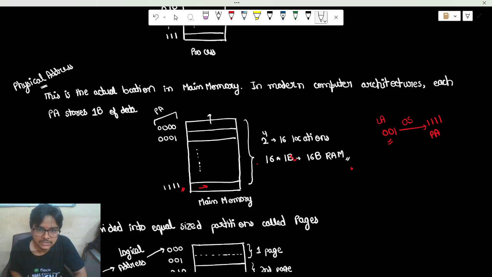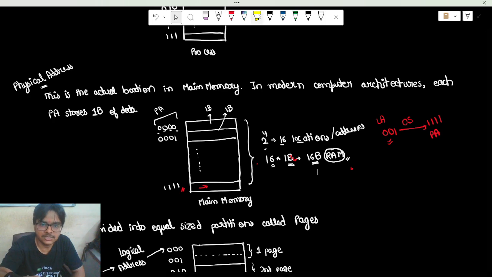Similarly, they also store 1 byte of data each. As you can see, the address uses 4 bits. So 2 raised to the power 4 means there are 16 locations or 16 addresses. Each address stores 1 byte of data, so 16 addresses will store 16 bytes of data, and that forms your RAM size.